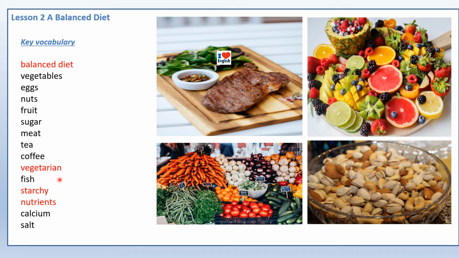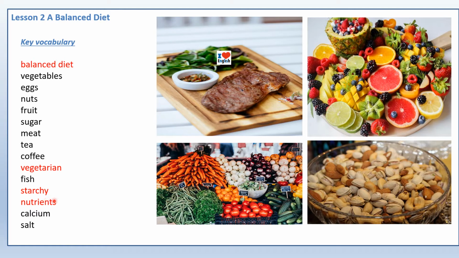Here we can see nuts, fruit, all types of fruit: mango, strawberry, banana, oranges. I'm sure that you know a lot of fruit. Sugar, meat, tea, coffee.